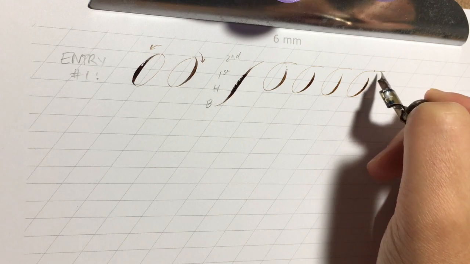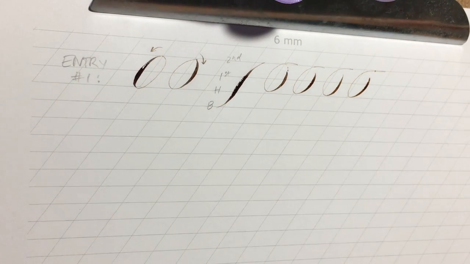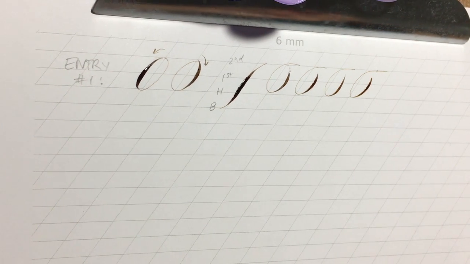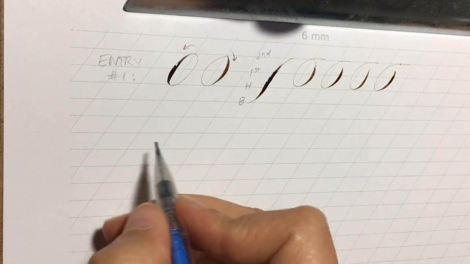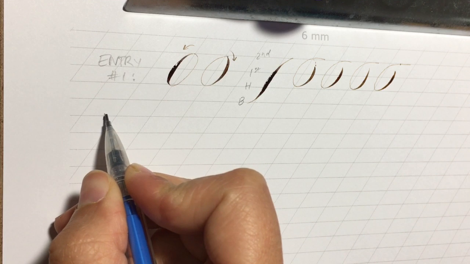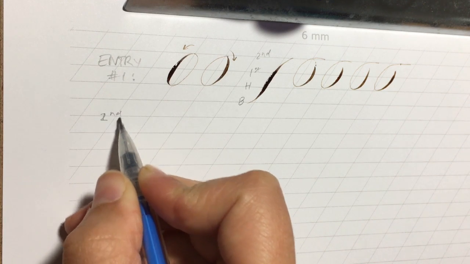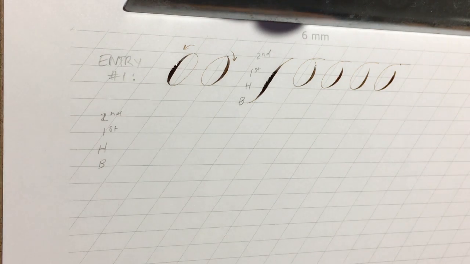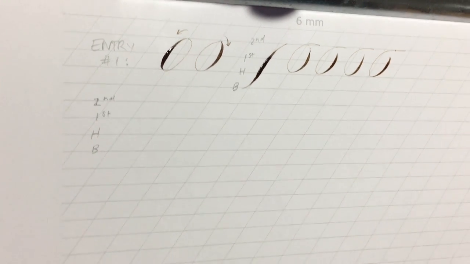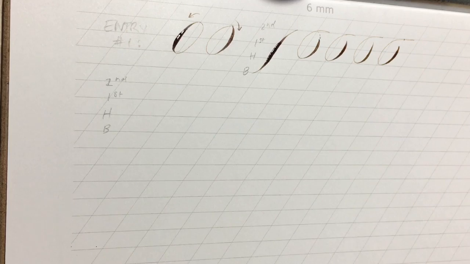Okay, now I'm going to show you 3 variations, and all of them have this part the same, and then once you get to about this point, there are 3 different ways to end it. Okay, so the first one is the most simple. So again, we have let's call this our second ascender, first header, and baseline. When you're practicing these shapes individually, it doesn't really matter, but just for some context for later on.